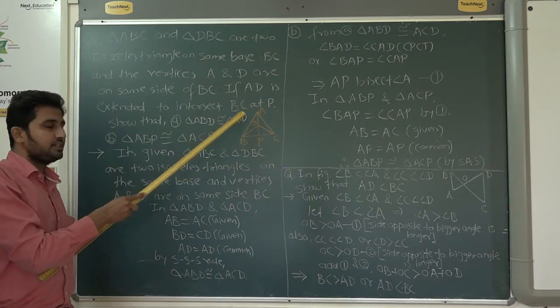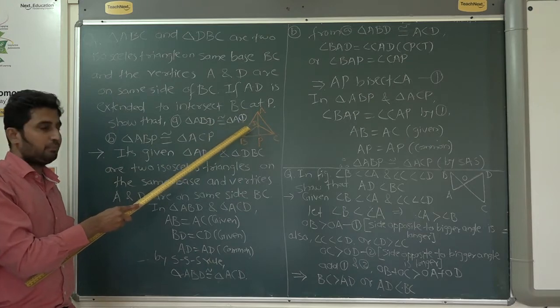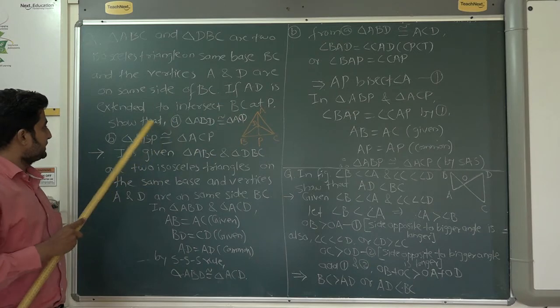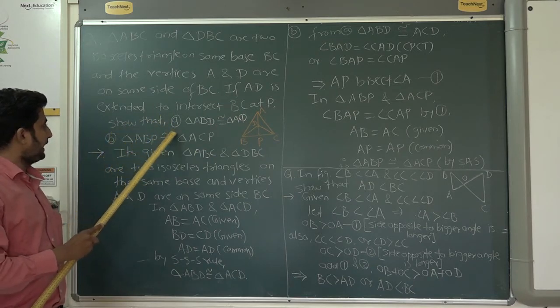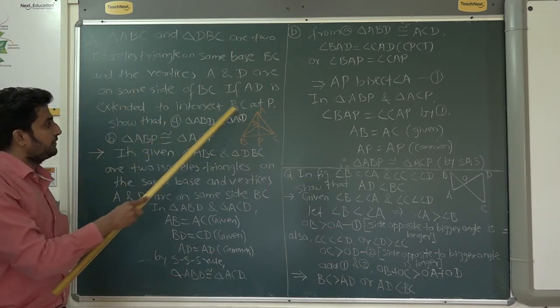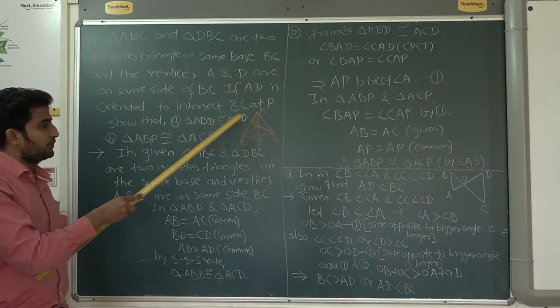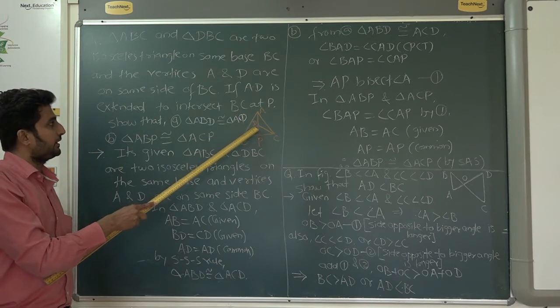So we have to watch the given figure very carefully, because this figure will help you in order to prove this. Before going to that, we will explain this figure in a systematic way.